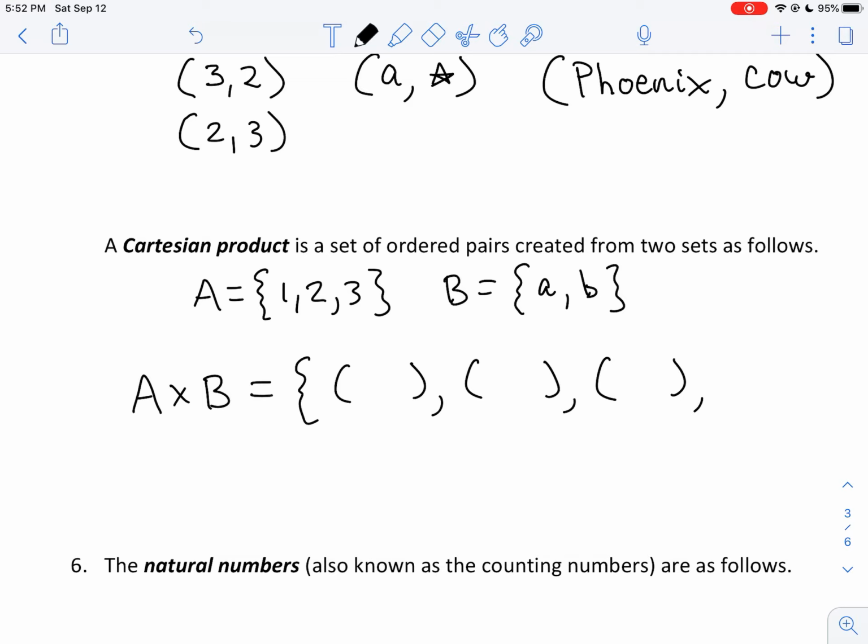So for example, I could do 1 as the first element that comes from the set A, comma, and then little a comes from the set capital B. Maybe let's use more numbers, just so I don't have to say little a and big A and it gets confusing. So let's do 1 from set A and then 4 from set B. But we could also do 1 from set A and 5 from set B. And then we've exhausted all the different ways I could use a 1 in the first position.